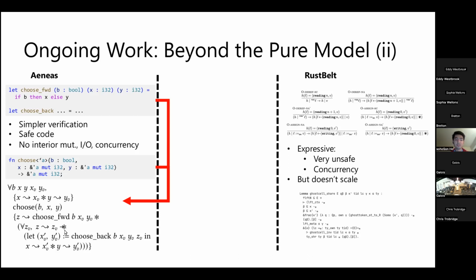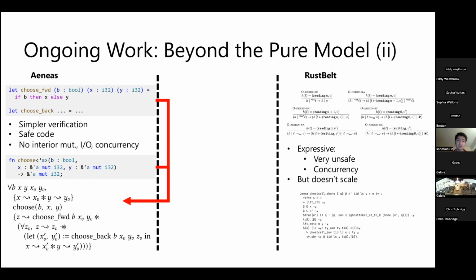And it also gives you a magic wand by which you can consume z later on, at the moment you end the lifetime. And when you do so, it gives you back access to x and y with updated values, which are given by the backward function. So there is this natural link between the original Rust code and our model by means of separation logic.